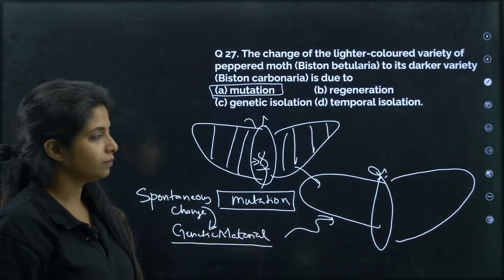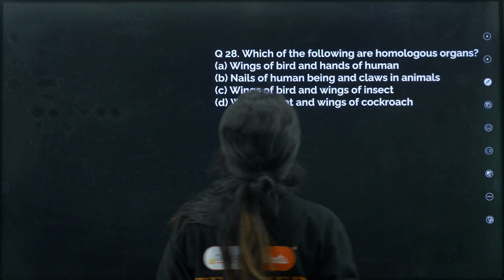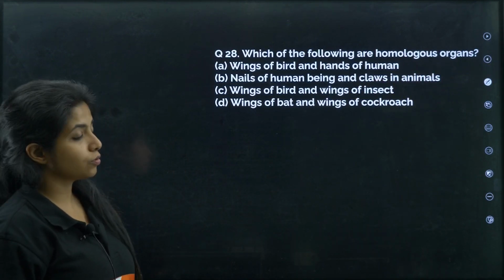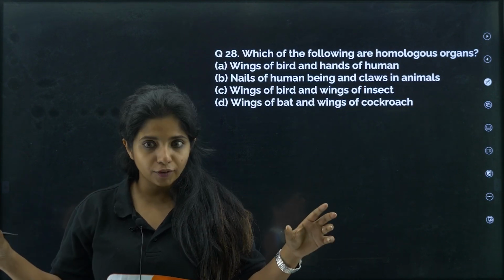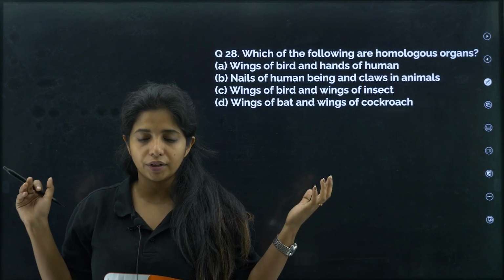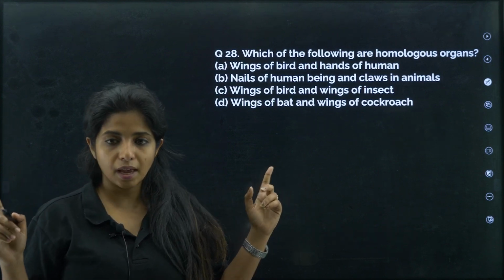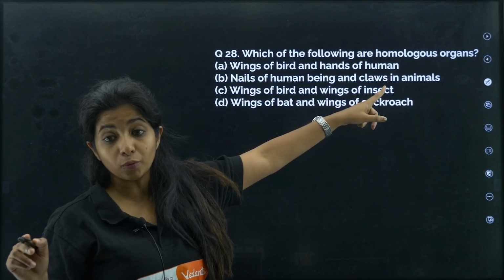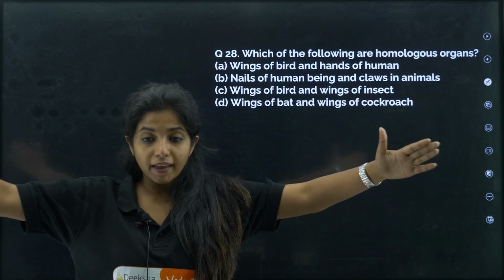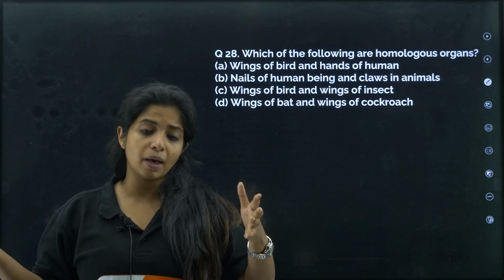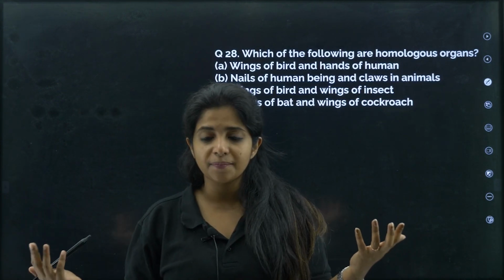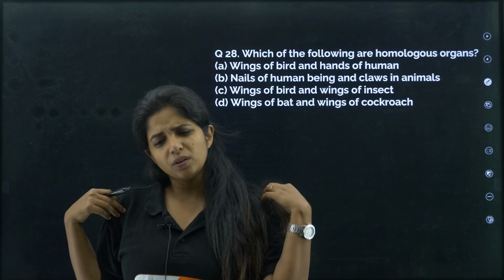Next thing. Which of the following are homologous organs? Homologous means they have a common ancestry, but they have moved to different locations, and now their functions are totally different. Okay, examples, wings of bird and hands of human. So did we have a common ancestor? Yes, apes and mammals had a common ancestor, that is reptiles. Okay, but how can I say that, ma'am?